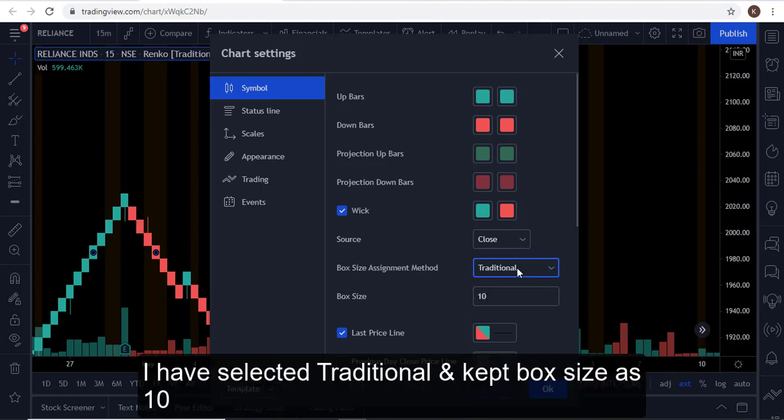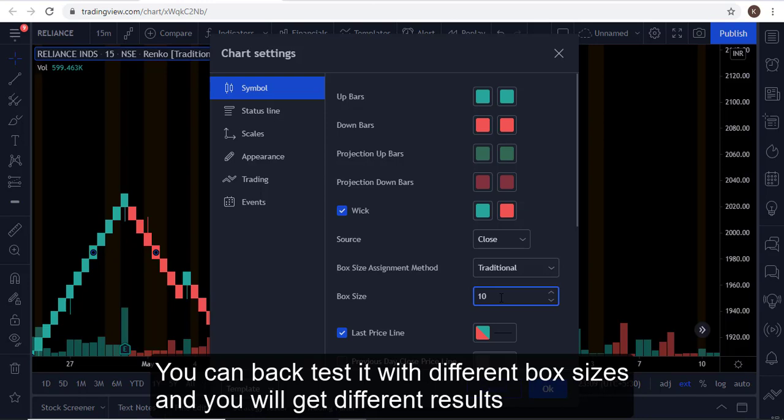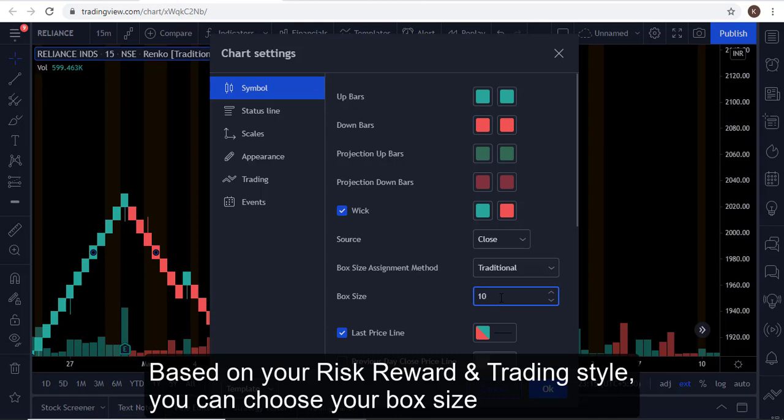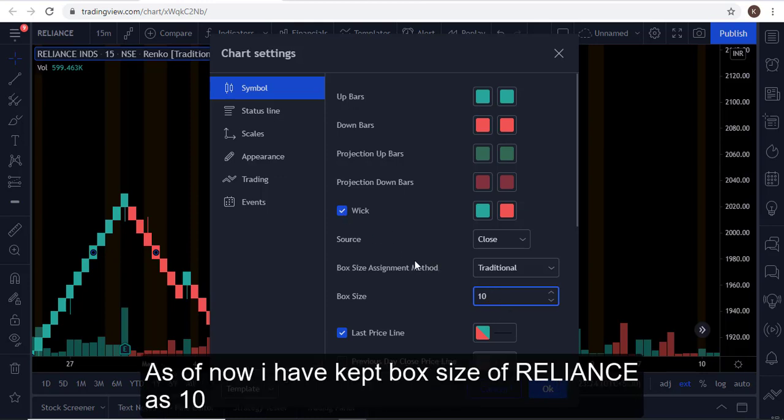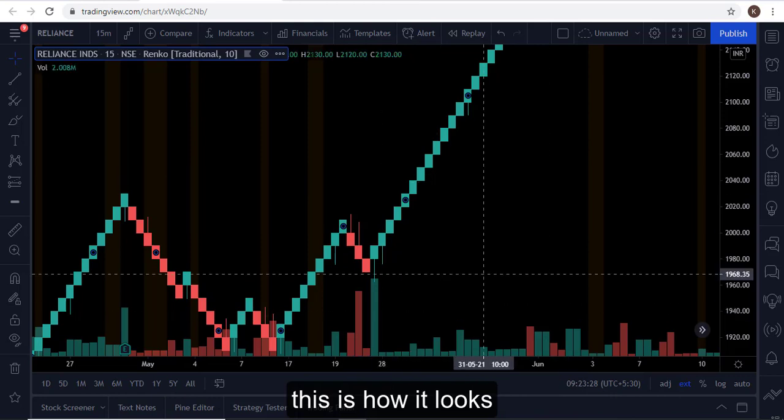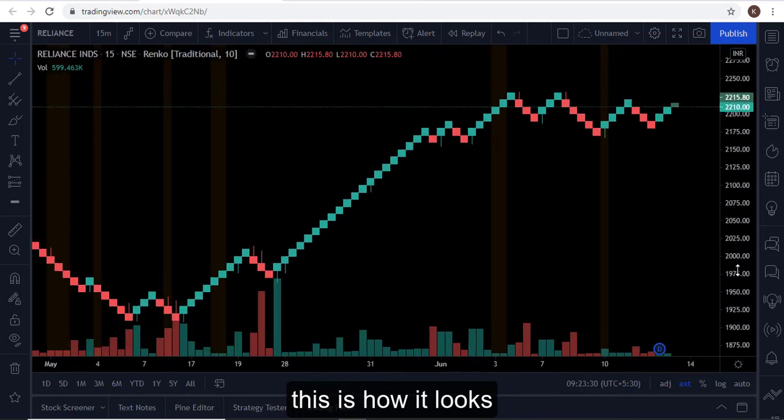I selected traditional and kept the box size as 10. You can backtest with different box sizes and you will get different results. Based on your risk reward and your trading style, you can keep your box size. I have kept Reliance box size 10 as of now, and have a look at what it is showing.